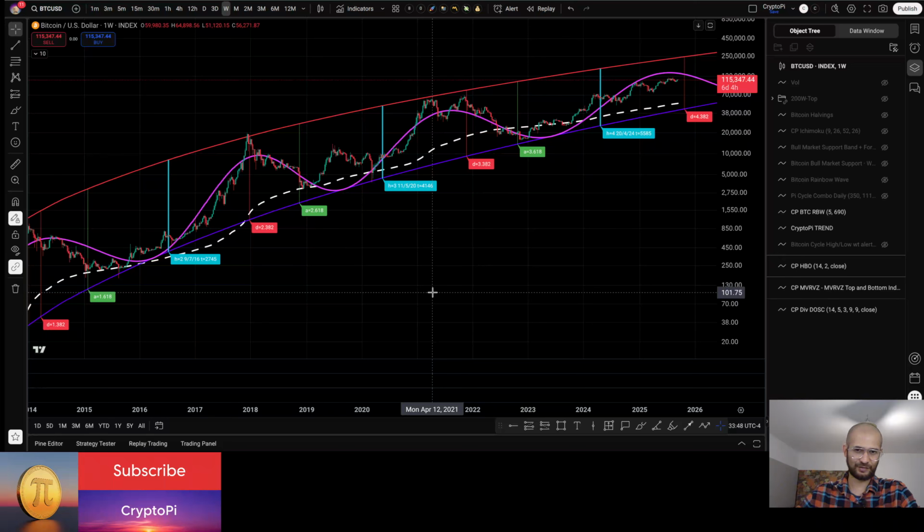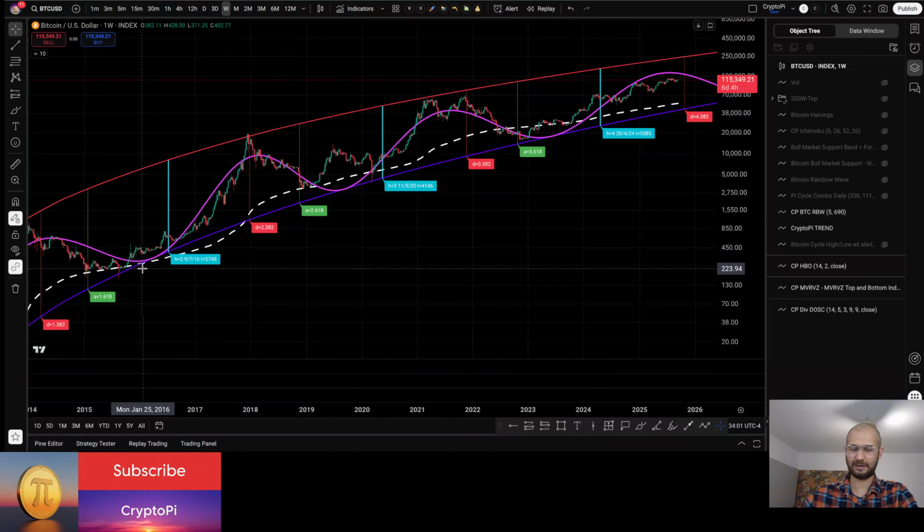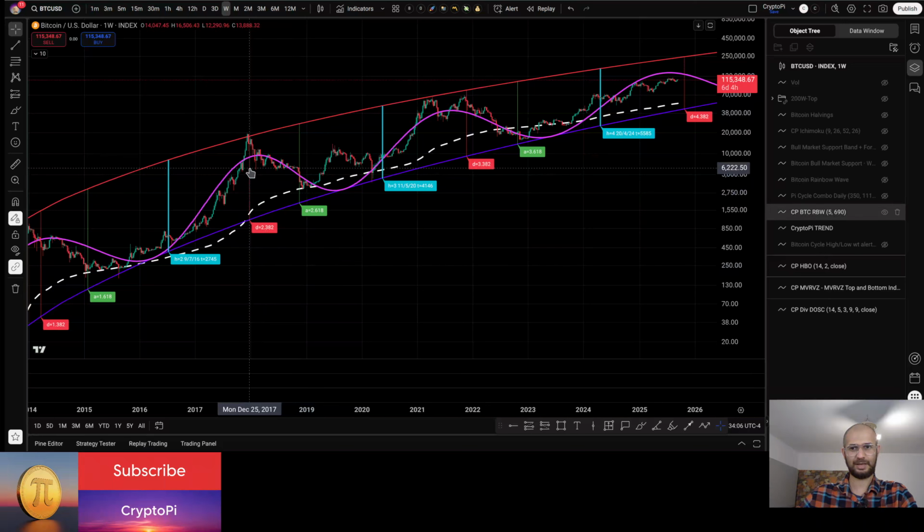One can do this kind of analysis, but it is a much safer bet to think about Bitcoin cycles rather than altcoin cycles, because we get very long Bitcoin bull markets and very short Bitcoin bear markets.